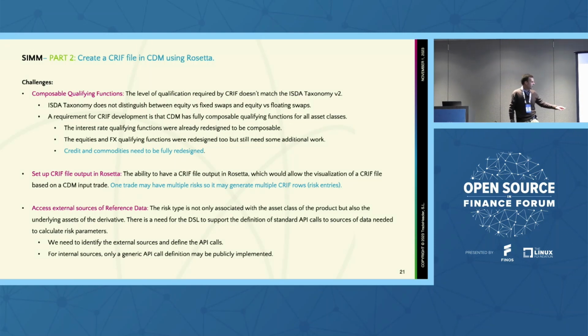And finally, we depend on access to external sources of reference data. We would like to define some of the API calls that we need for things such as a risk engine and things like FX conversions for the amount in USD.